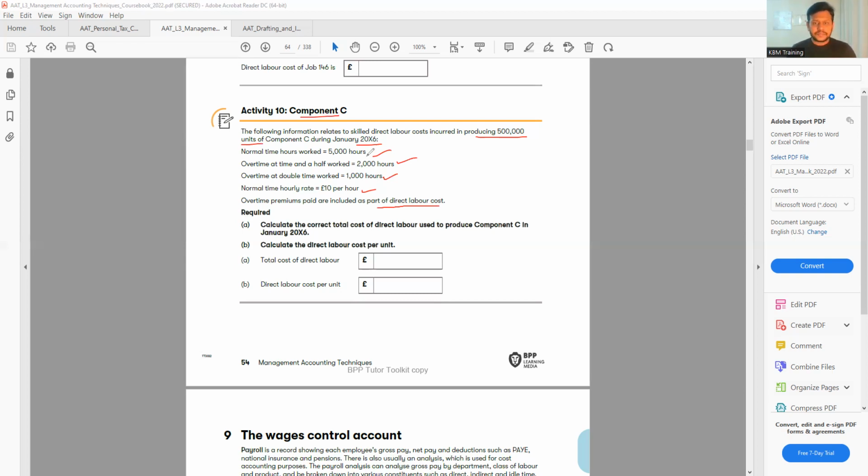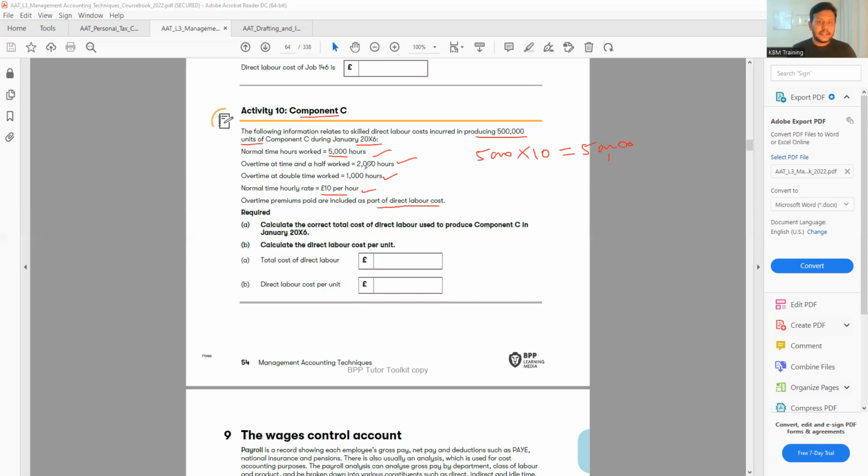That's fine. Let's take the 5,000 hours first. The rate is 10 pounds per hour, so that gives us 50,000.